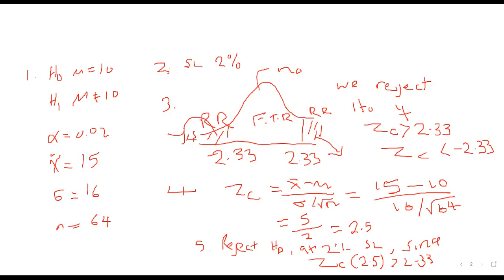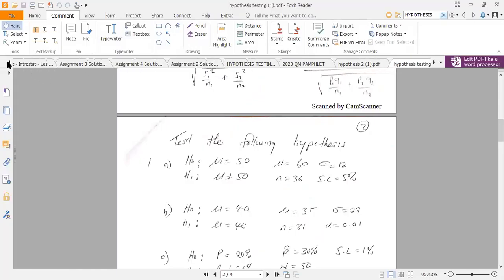Since our Z calculated is greater than 2.33, therefore, there is a statistical difference. Remember, hypothesis testing is also called significance testing.